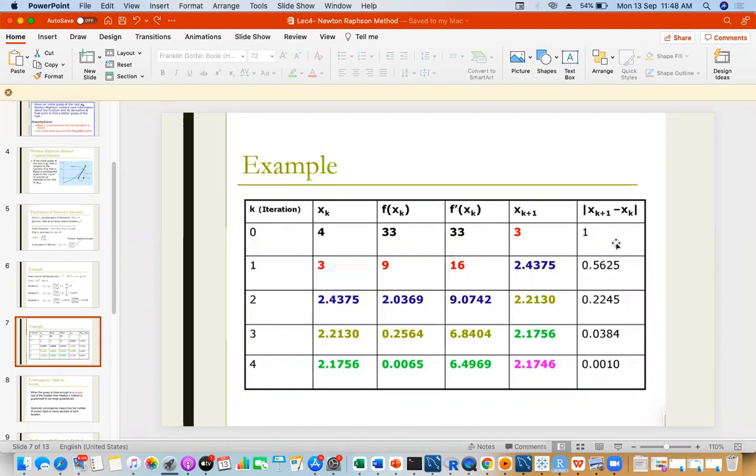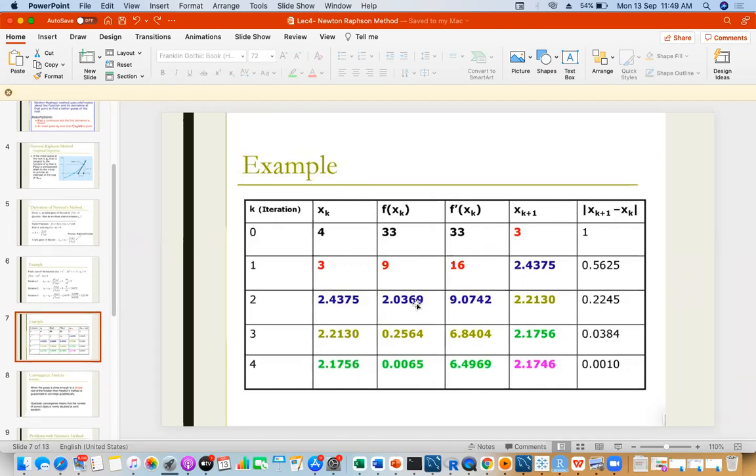But here, if you see the error, in the first iteration it was, let us say, higher than half, but as we go to the next and next iteration the error reduces very fast. So that's why this method is fast as compared to the bisection method.